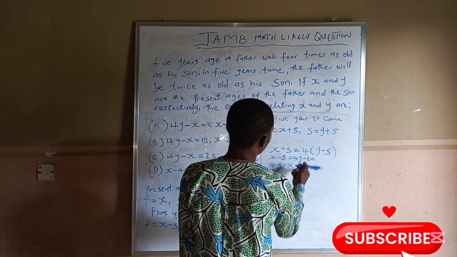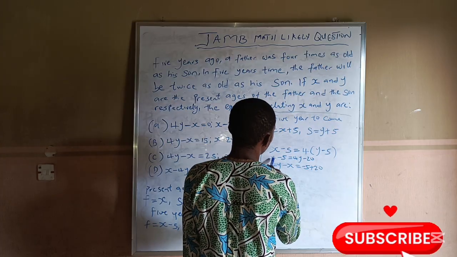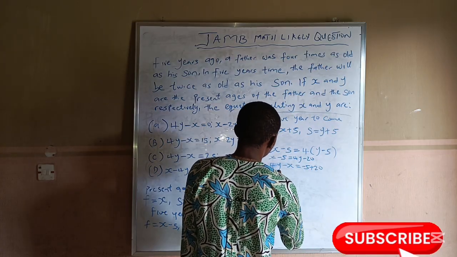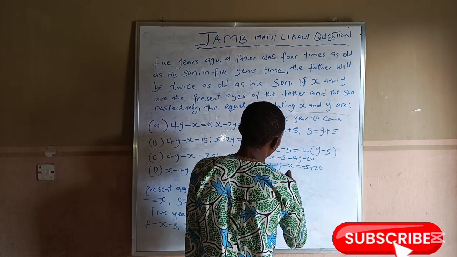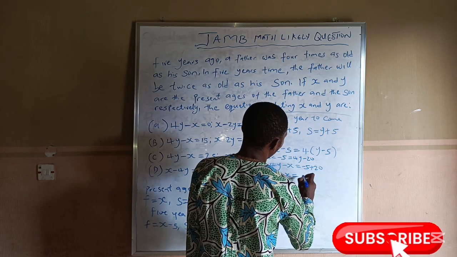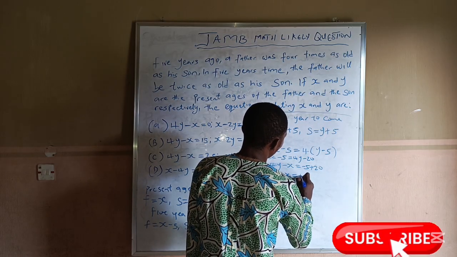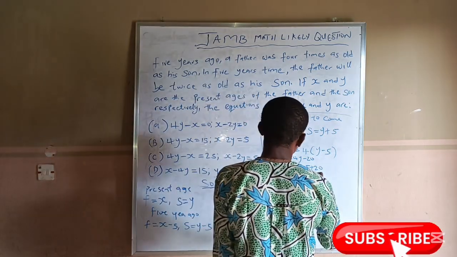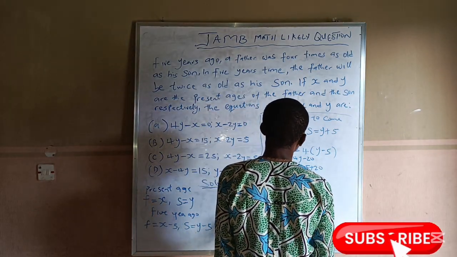Now you collect like terms. This one will go here, while this one also goes here. Then 4y minus x equals 15. This is the equation for their ages, that's for 5 years ago.